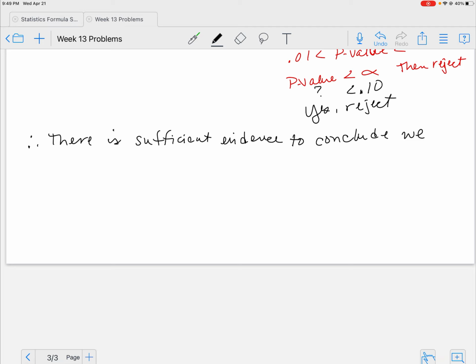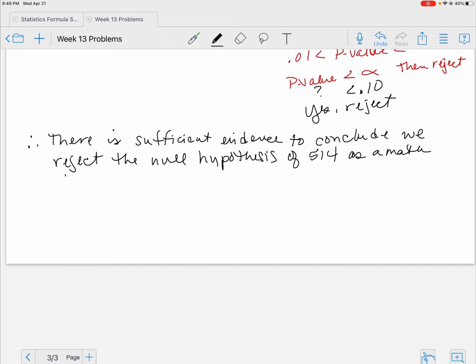And another way to say that is we reject the null hypothesis of 514 as a math score. And we see the review class helps. That review class raises the scores.